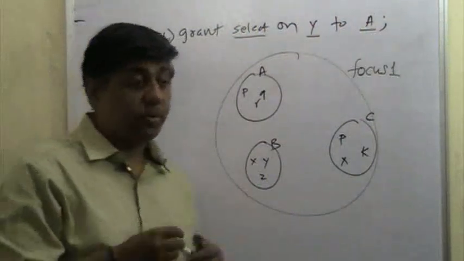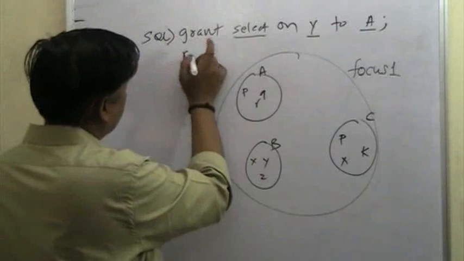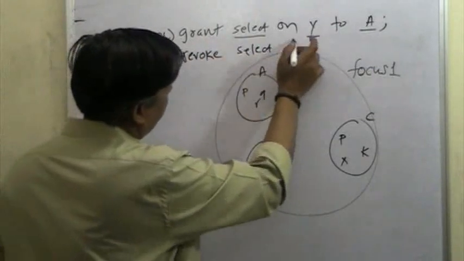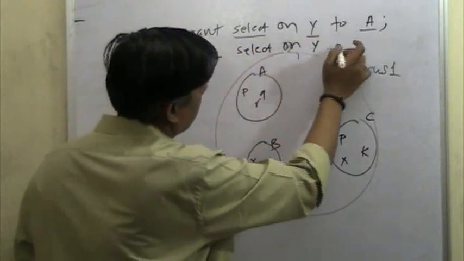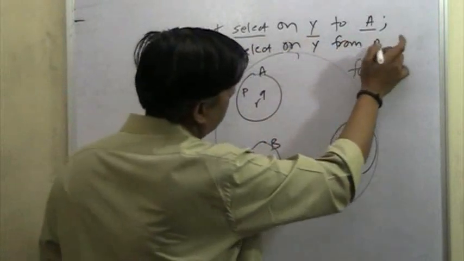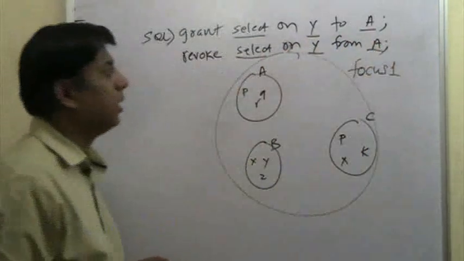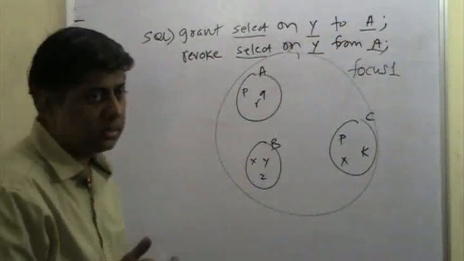By the way, if you want to get rid of the privilege that you have already granted, then you should execute a command revoke. Revoke select on Y from A. So again the privilege, the object, and instead of to, it will be from here. That is the only difference.